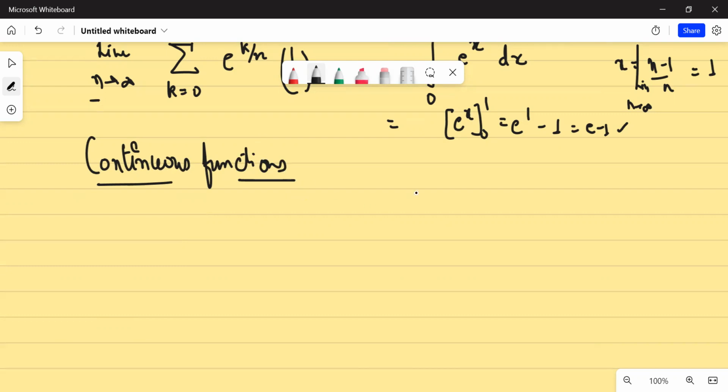Continuity, in a very general sense, if I say that my function is continuous, one very vague way of saying it is that if I am able to make the graph of that particular function without picking my hand up, that would be a continuous function. But this is a very vague or very abstract kind of definition.